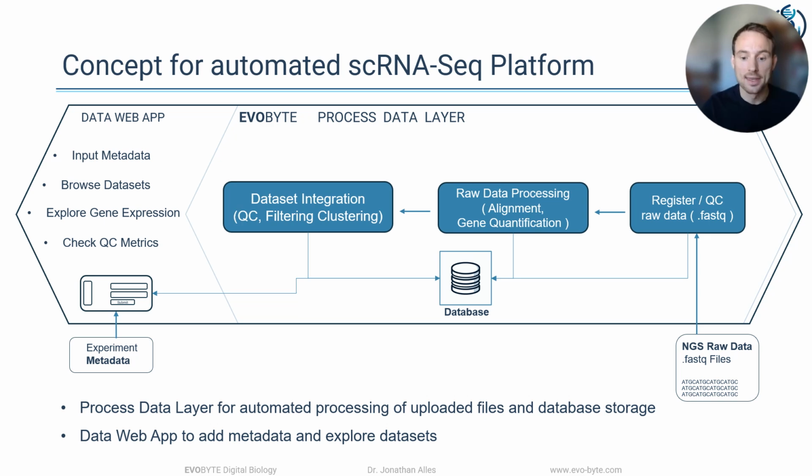And the important thing here is now that each of these datasets should be linked to the metadata in our data app, and they should also be, of course, stored and structured in a relational database so that the information is preserved and can be securely stored on a proper database server.